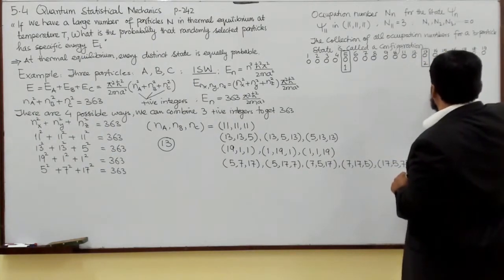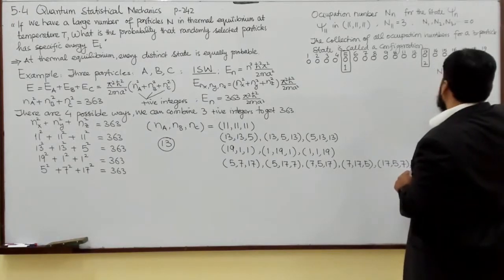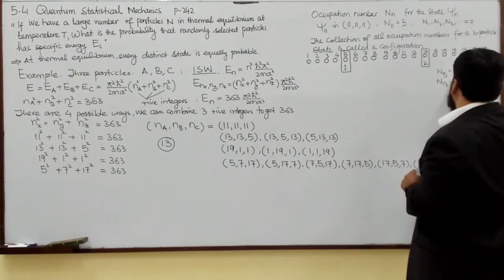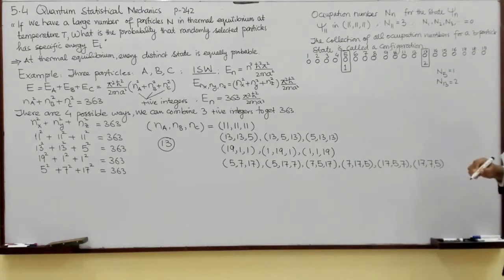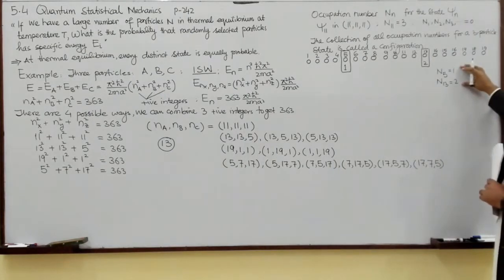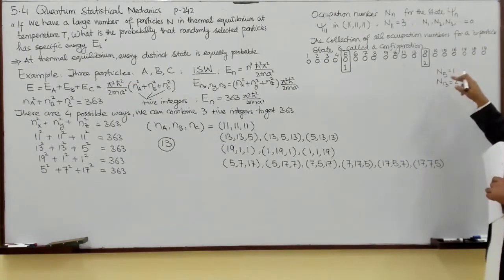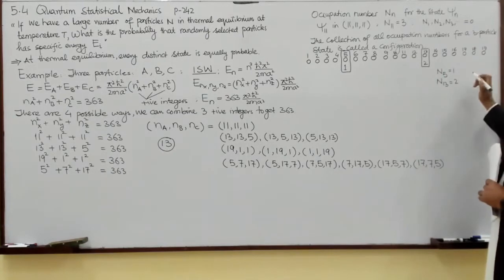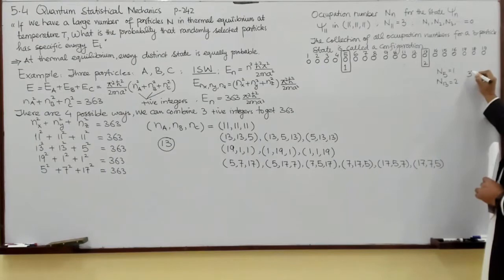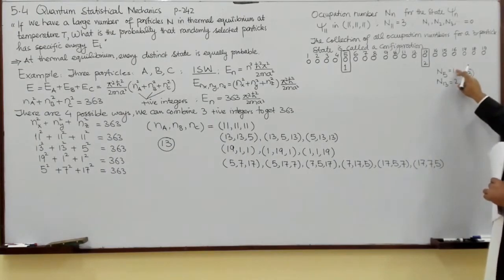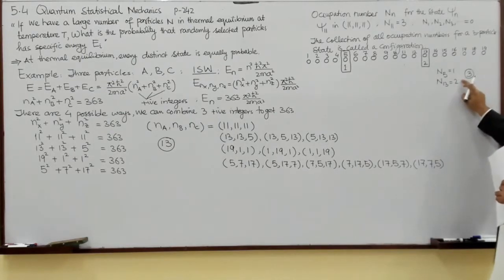So the configuration means the occupation number here is N1 plus N2 plus N3 and so on up to N19. So again the total occupation number here is 3, because of this plus this, while all the rest are equal to 0.